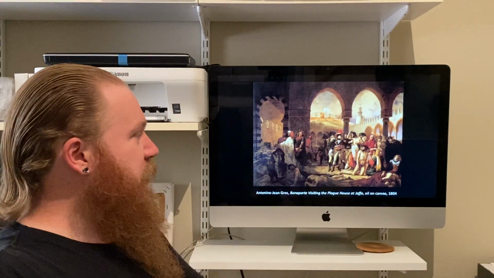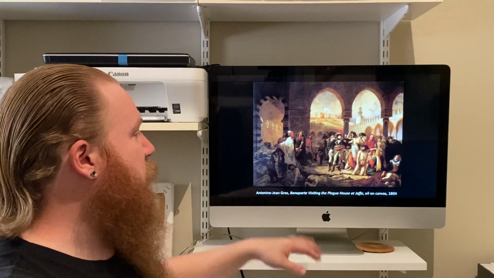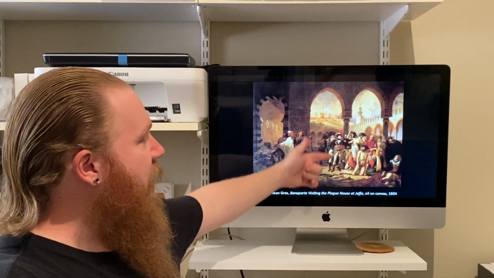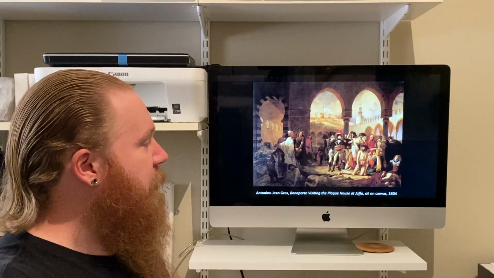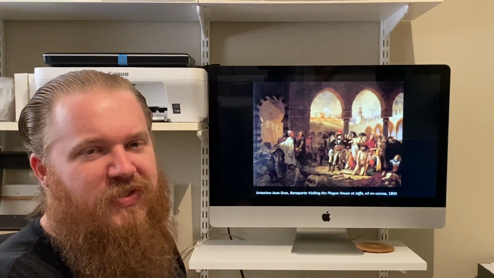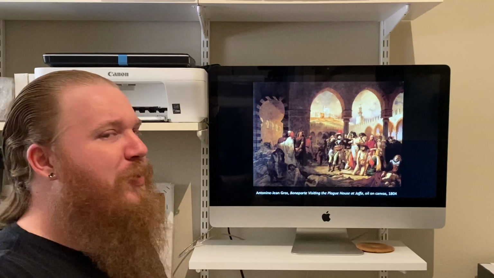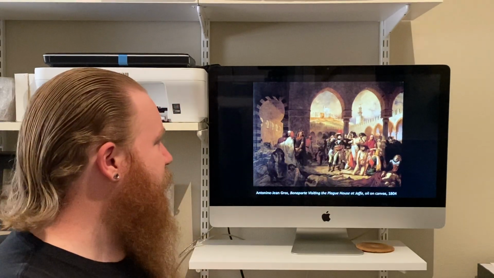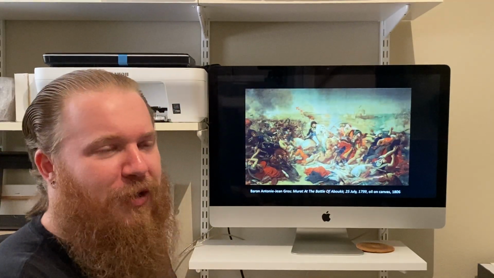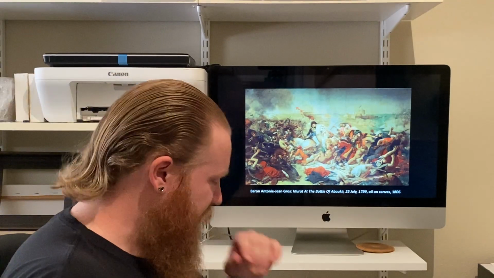So he's always showing himself taking care of his own people or leading them in victory and all of these kinds of things. So here we see him visiting the sick at the plague house at Jaffa. So he's going and seeing his sick soldiers in the hospital and whatnot. Much more of an ambivalent kind of presence, as opposed to Murat here, who's leading a cavalry charge in battle and things like that.